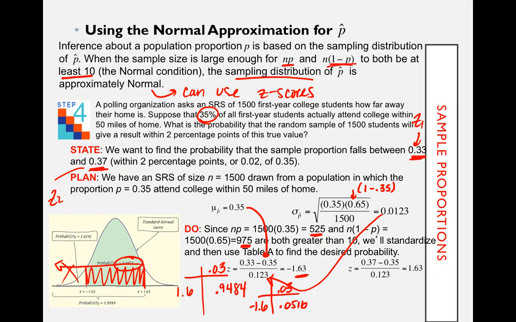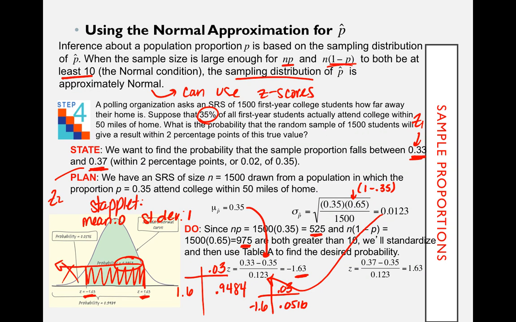If you're using StatKey, because you've standardized, you found your z-scores, you type in your mean of 0, standard deviation of 1, and then when you hit draw curve or show curve, underneath it you can select the option for calculating the area, and you would put in a lower bound of negative 1.63 and an upper bound of positive 1.63.